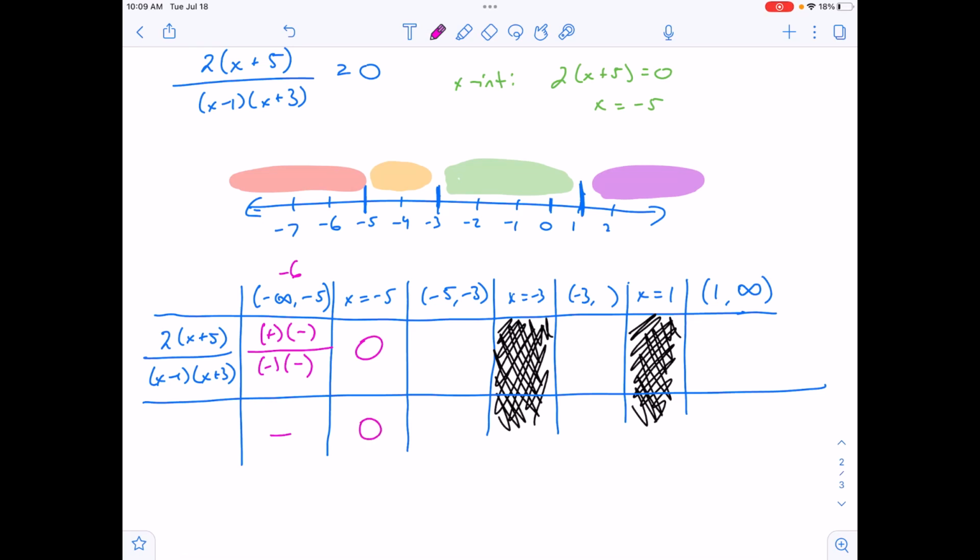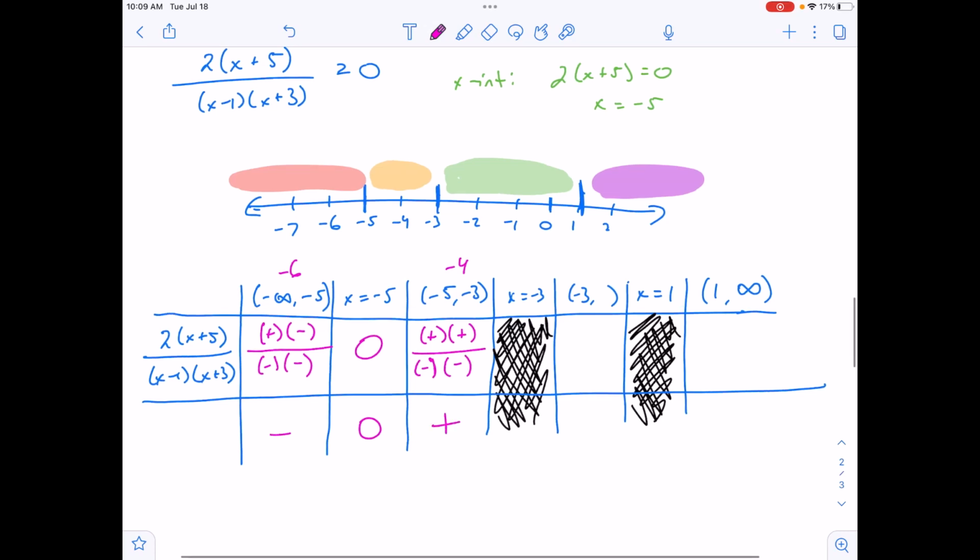On the interval -5 to -3, I'm going to test -4. 2 will always be positive. -4 plus 5 is positive. -4 minus 1 is negative. -4 plus 3 is negative. 2 negatives, 2 positives. Overall, my function is positive.